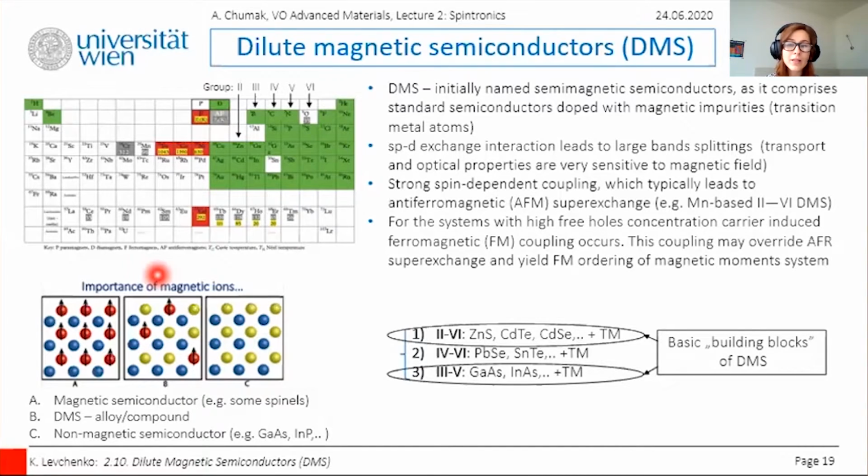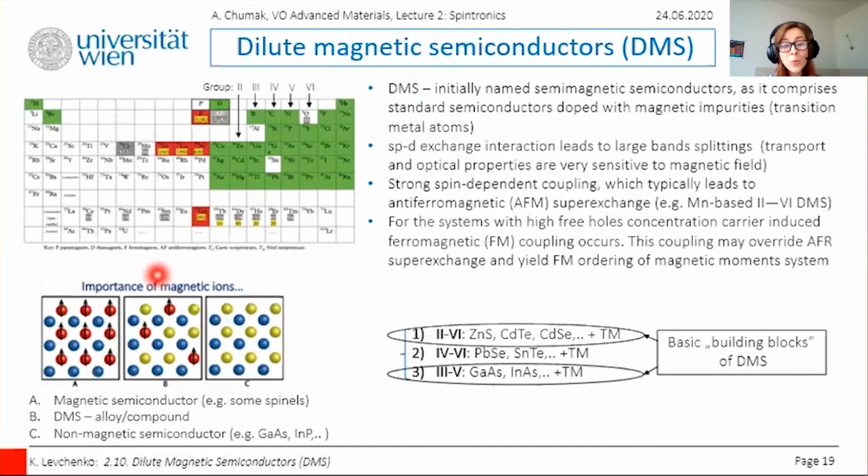Not only this, but generally binary compounds like manganese selenide or europium telluride are insulating antiferromagnets and attract attention from the point of view of, again, antiferromagnetic spintronics. Dilute magnetic semiconductors could be used in a qubit system consisting of a single magnetic ion in a single quantum dot.